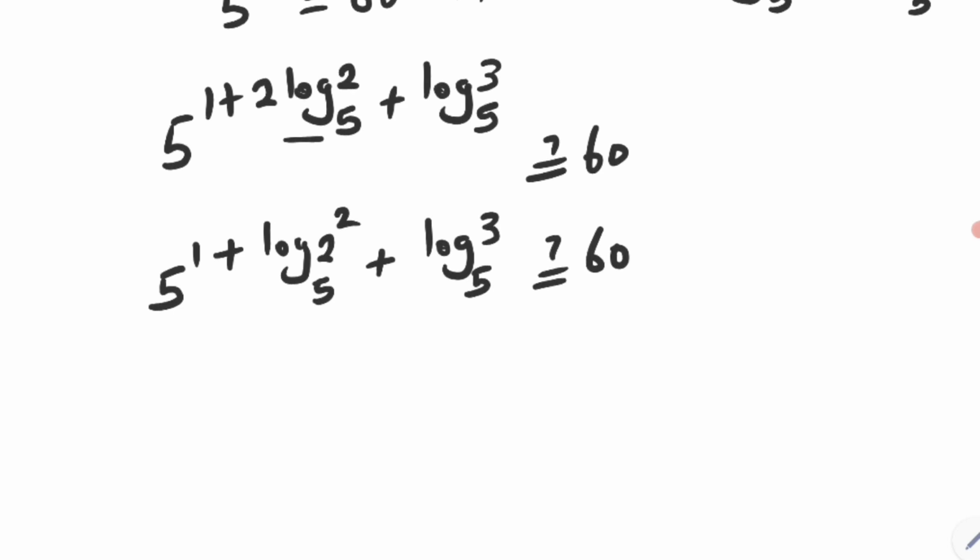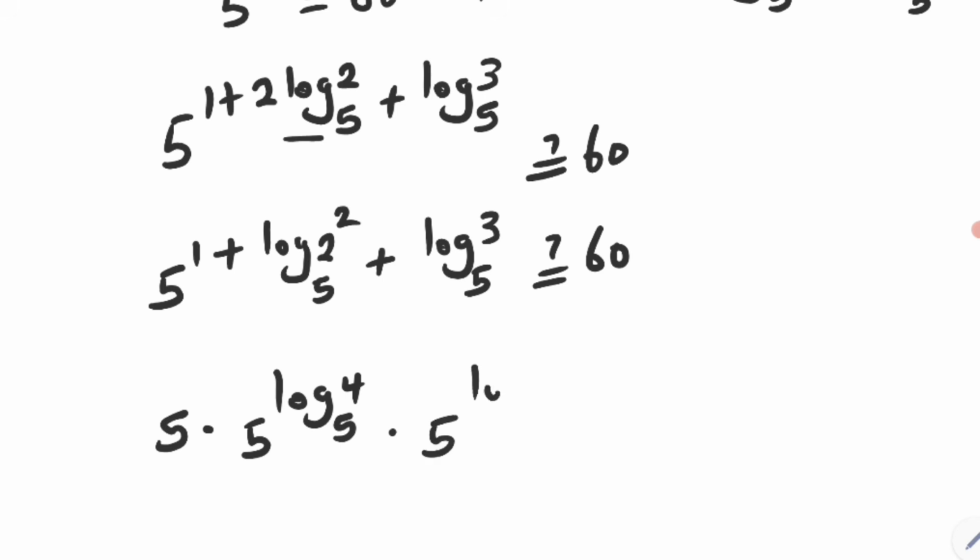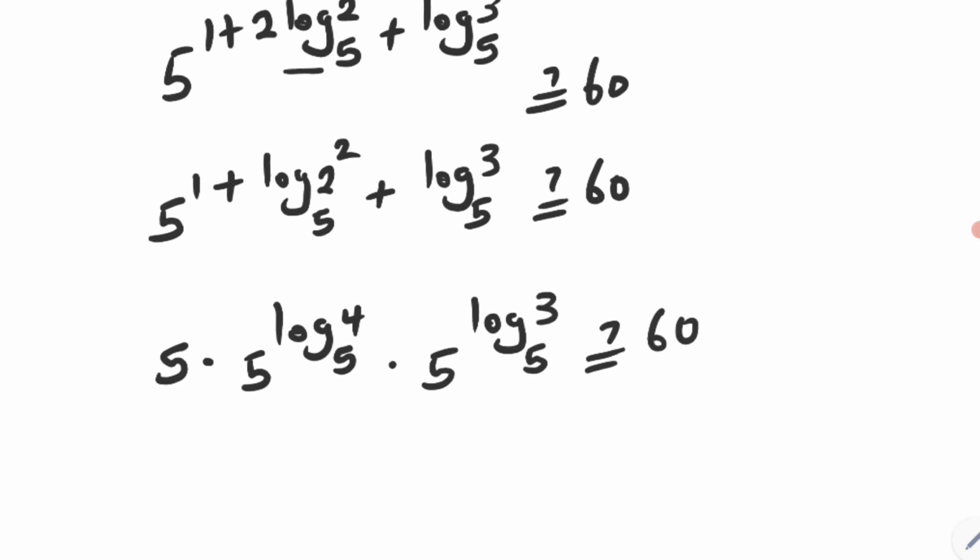Then we have 5 raised to power 1, this is 5, multiplied by 5 raised to power log 2 square, that is log 4 base 5, multiplied by 5 raised to power log 3 base 5, must be equal to 60.